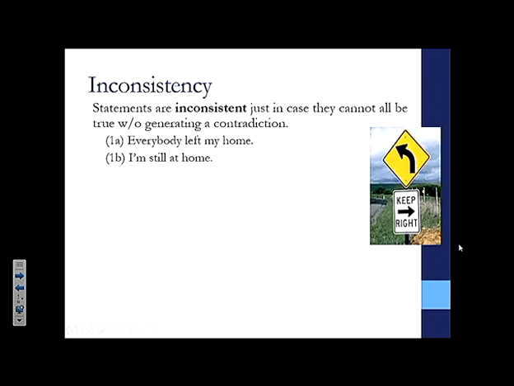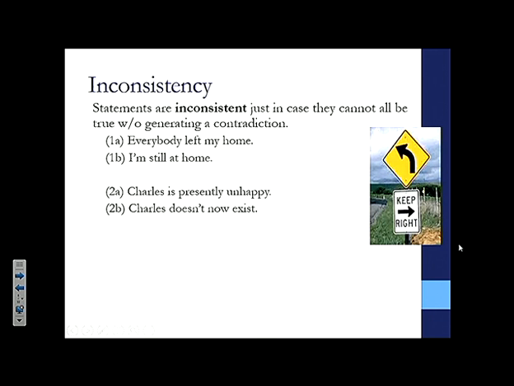For instance, if I'm still at home, then it's false that everybody left my home. See that? And everybody left my home, and it's false that everybody left my home, are contradictories. So these are not contradictories themselves, 1A and 1B, but if true, they would imply a contradiction.